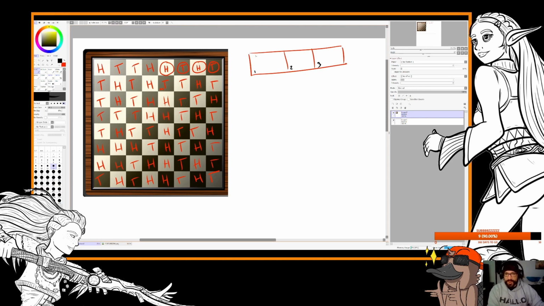One coin cannot have information for more than two squares, because one coin has either heads or tails. You have two states. You cannot have a third one, so you need two coins to have information about where the key is.